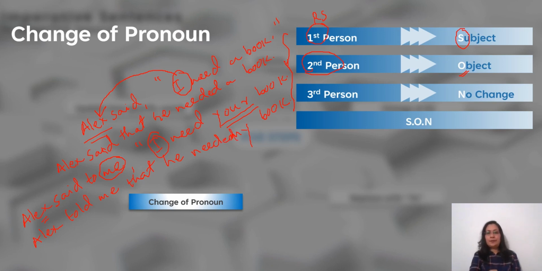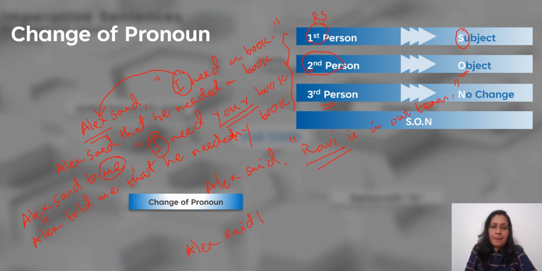And if it is a third person, there is no change. Alex said, Ravi is in our team. Here, this reported speech has a third person, so there is no change. How do we write it? Alex said that Ravi remains as Ravi.